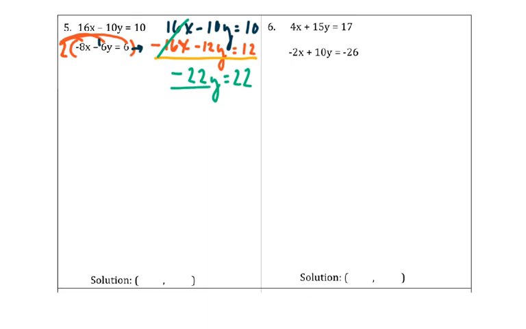Now we get y by itself by dividing both sides by negative 22. 22 divided by negative 22 is the number negative 1. So I know that the y value where these two lines would intersect, where they would cross, the solution, is the number negative 1.